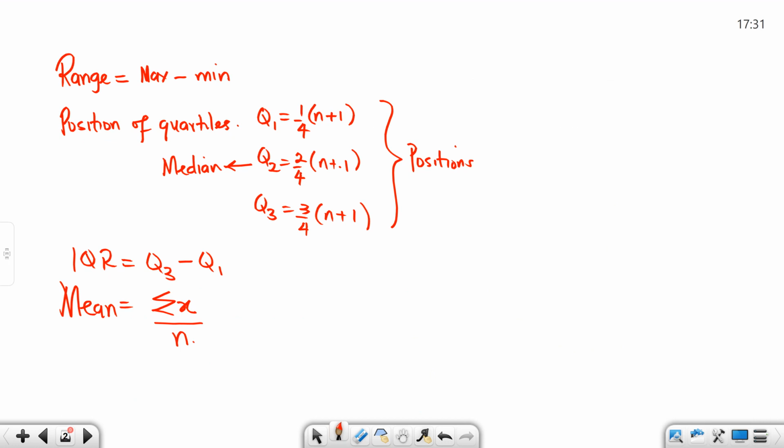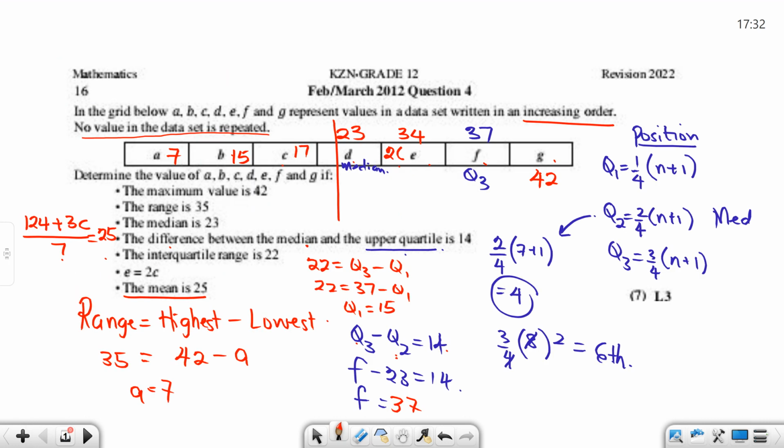So just follow all of this and remember what I said when we're preparing for paper 1. Change the statement into mathematics. You'll be fine. It's maths. Everything just requires you to read and change. That was what we did in this question. We kept reading. The maximum value, we know that's G, 42. The range, highest minus lowest, is 35.